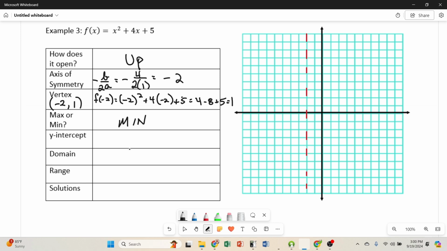And my y-intercept is the value of c, which is 5. So let's go ahead and start plotting our points. Negative 2, positive 1, that's right here. We can go up to 5. 1, 2, 3, 4, 5 over here, and we can mirror that across this, right?